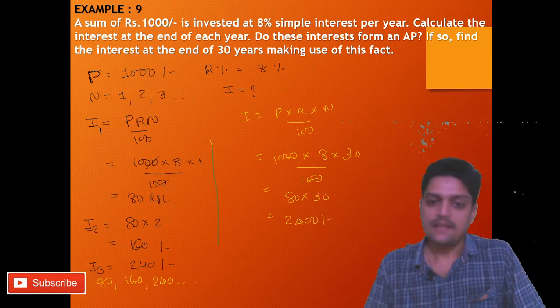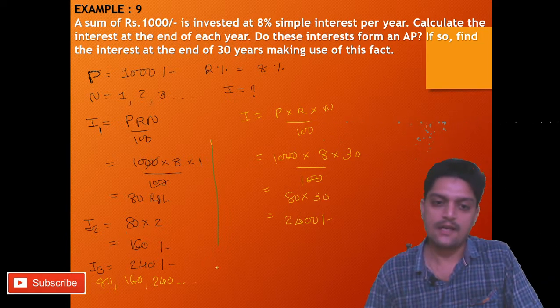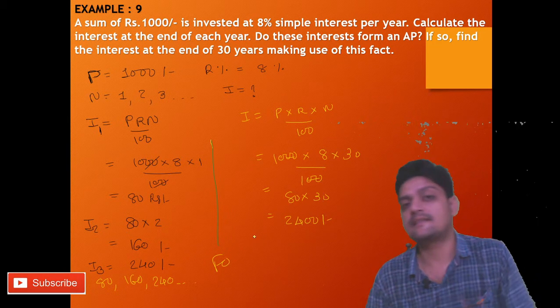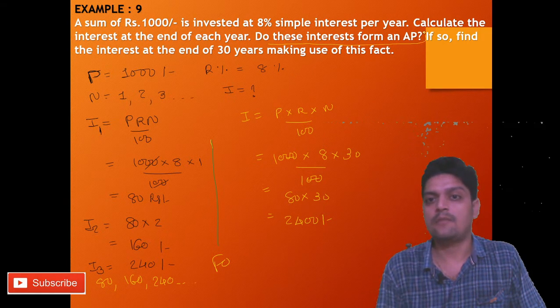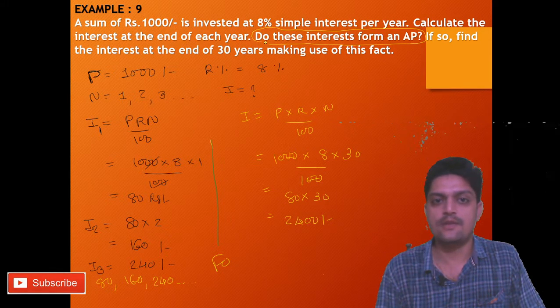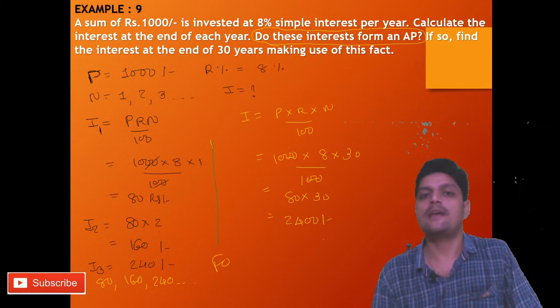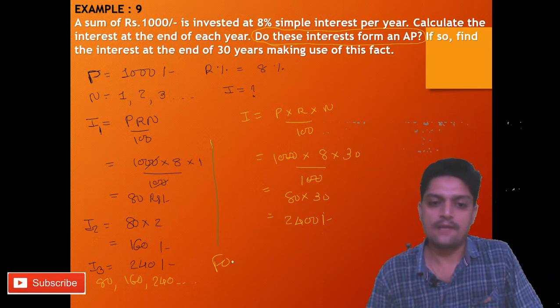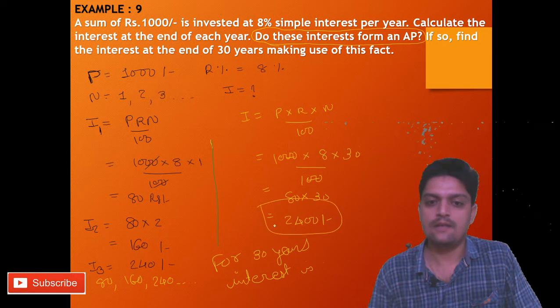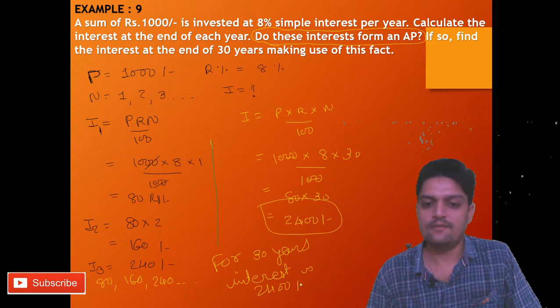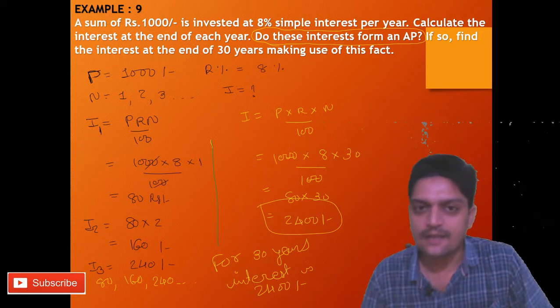So in the last statement we have to write, first, yes, this is an AP, because this is your question, does this interest form an AP. So first we have to write yes, it forms an AP, and then you have to write that the interest for 30 years is 2400 rupees. Okay, is that clear?